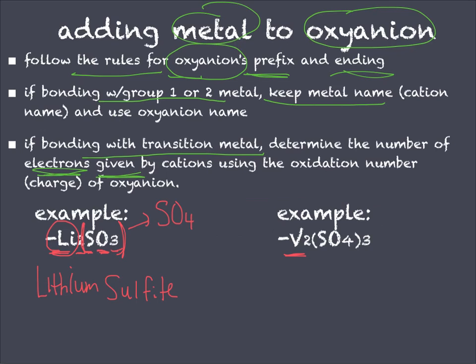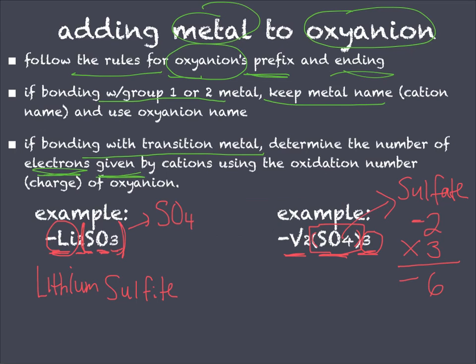Let's do the second example. Vanadium is a transition metal, so I already know that I'm going to have to give it some kind of Roman numeral. I also see that SO4 is a sulfate, right, from our previous page. And recall that sulfate has -2 charge. I see that there's 3 of them. That's why I have to put this in parentheses to say that there are 3 of these ions right here. So -2 times 3 of them will give me -6.